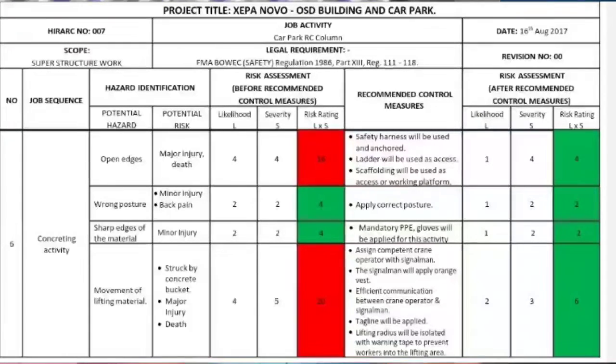You will say that we will use hand gloves, or you will use a gumboot instead of your normal safety shoes while concreting. When the concrete pouring is going on, the splashes may damage the eyes, so you will wear safety goggles for handling the concreting process.